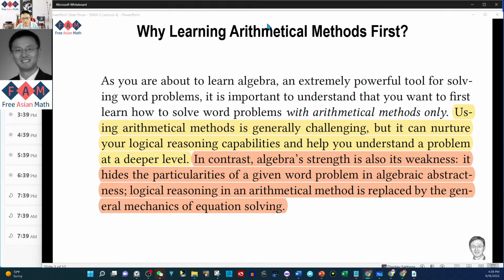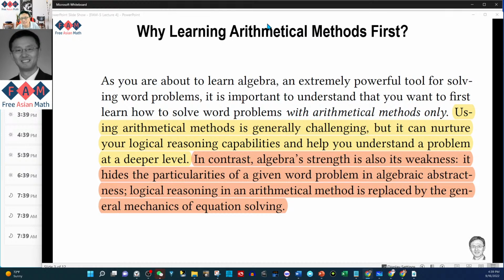When you use algebra to solve a problem, usually you just follow what I just described: finding the mathematical statement, then finding the relationship, writing down the equations, solving the equations. In that process, a lot of the particular features of a given problem are hidden inside the very mechanical process of solving an equation or a system of equations. Usually, when you solve equations, you don't care about the underlying physical meanings of those equations.